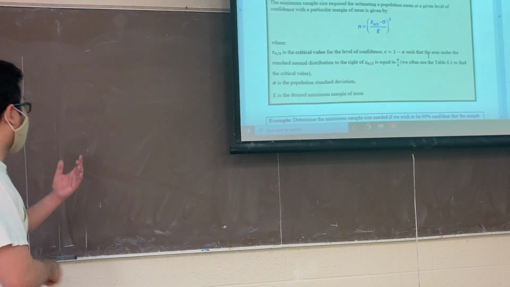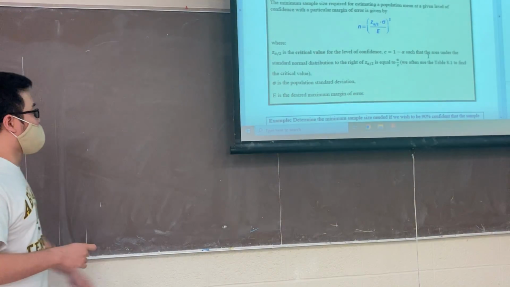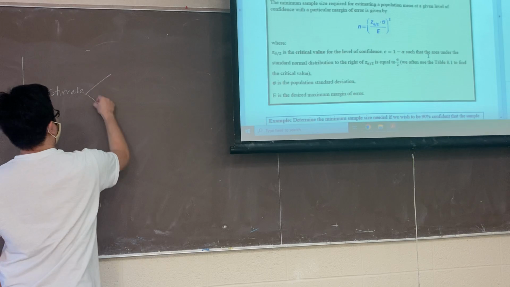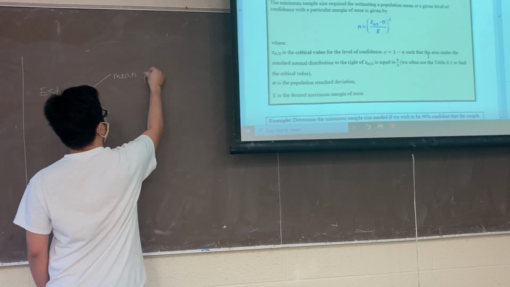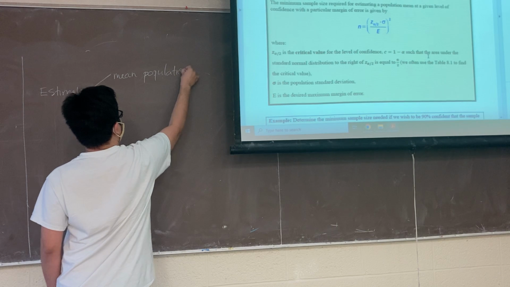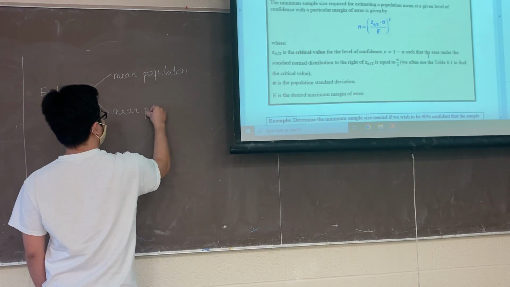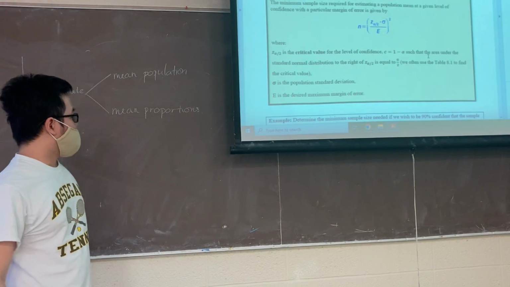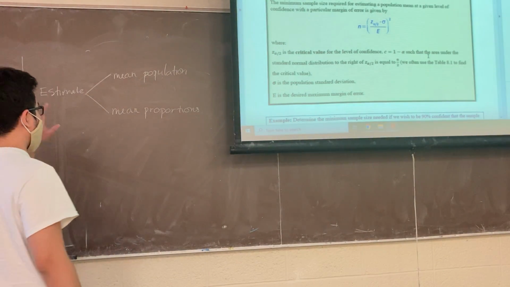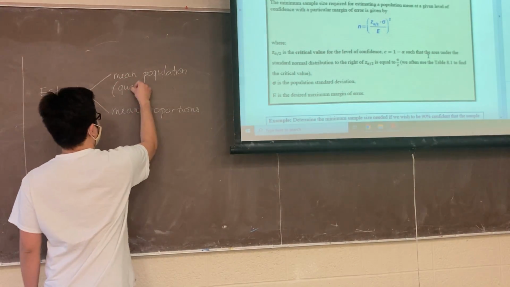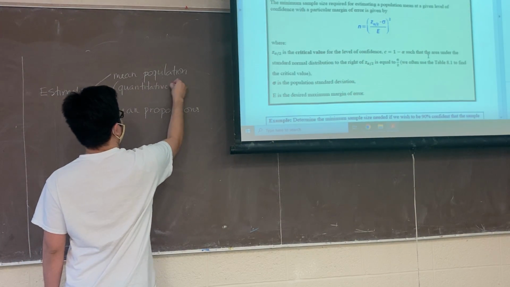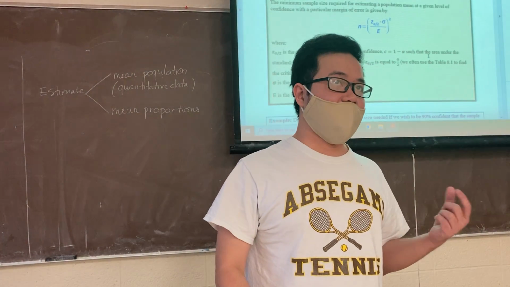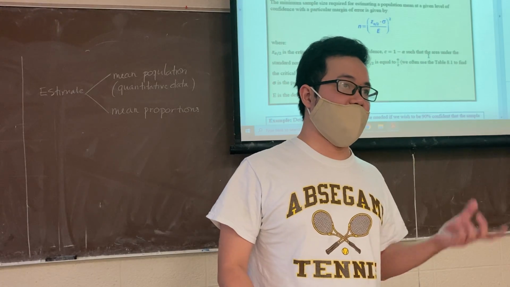Last time, the purpose of this chapter is to estimate two things. We will estimate the population mean, and we will estimate the population proportion. The population mean is used for quantitative data, like GPAs of students, the weight of students, the height of students.